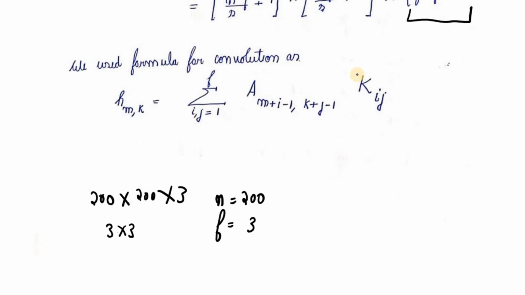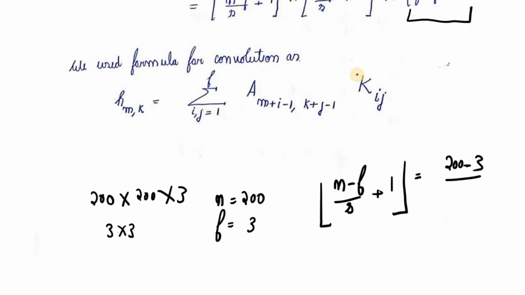Now I apply the formula for the output size, which is the floor of (n minus f) divided by s, plus 1. Here n minus f is 200 minus 3, and the stride as of now is 1. We add 1 to it and take the floor, and it comes out to be 198.